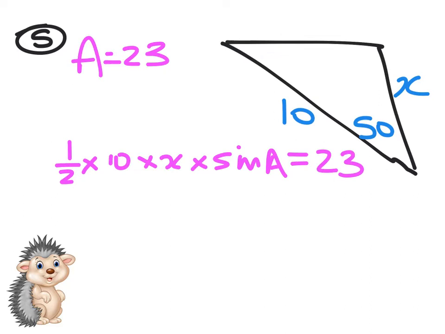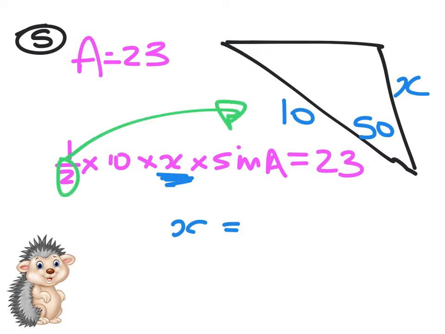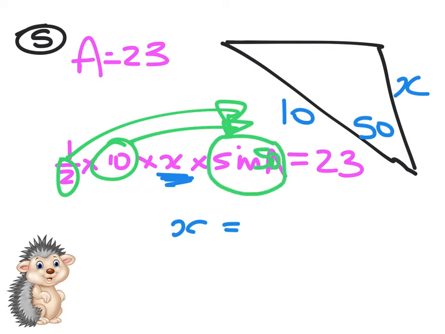So if I'm trying to get the x on its own, so I can get x equals, then the 2 has to move over, the 10 has to move over. Now sine a, we know that a is 50, so the sine 50 has got to move over, and because they're times they're going to move as divides, work it all in your calculator and you get x equals.